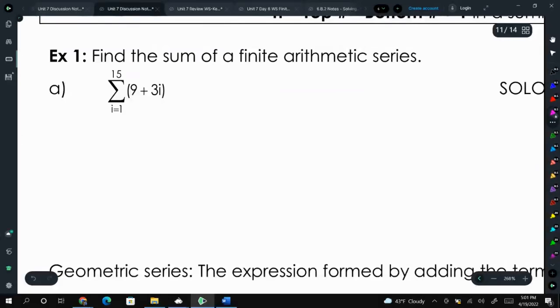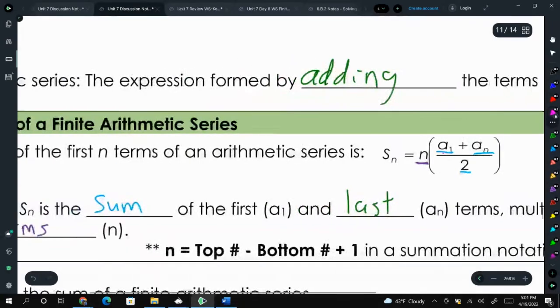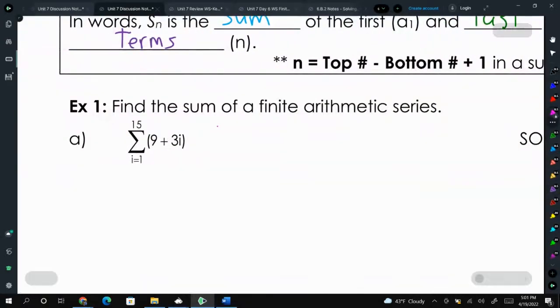So we need 3 components. This is an arithmetic sequence, so we need 3 things: n, a sub 1, and a sub n. Well, a sub 1 is going to be 9 plus 3 times 1, or 12.